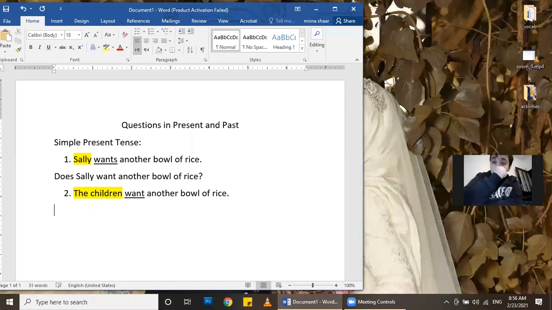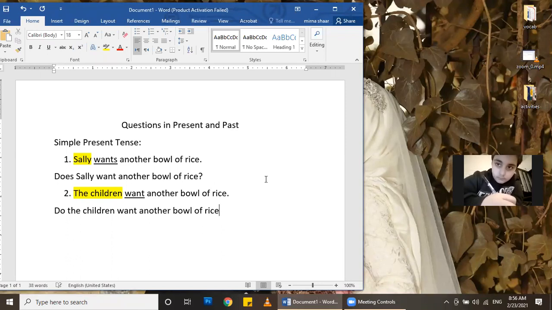If I want to change it into a question, and since it also has a plural subject, I start with the question word, which is the verb to do, do. Do the children want another bowl of rice, with a question mark at the end. So let us just analyze this sentence.